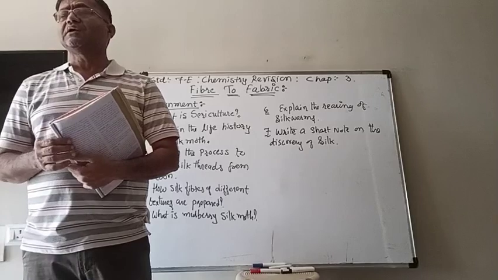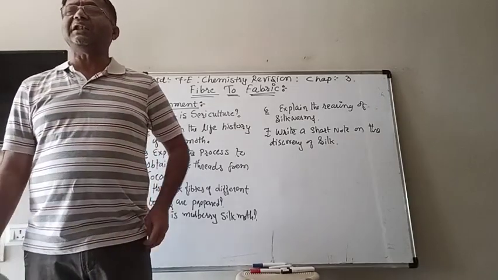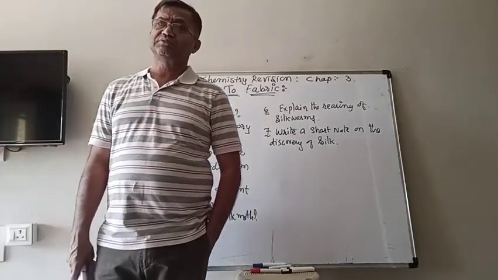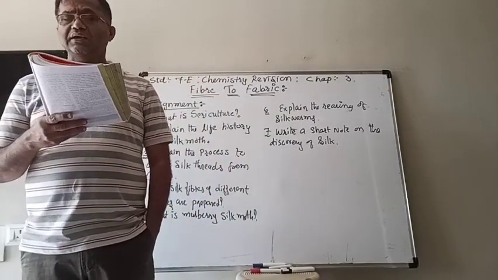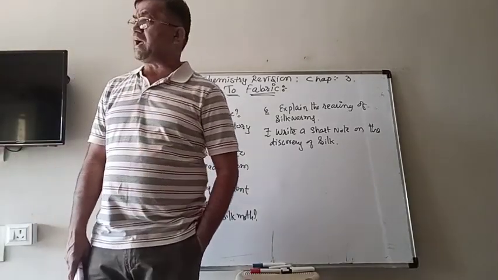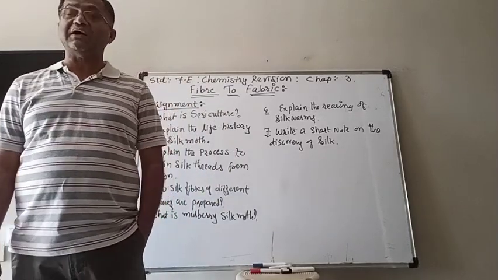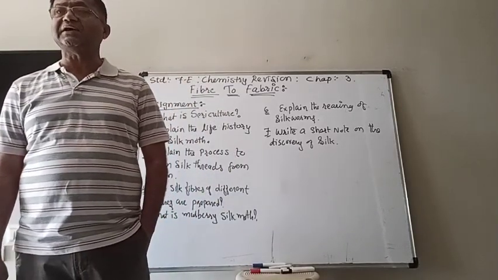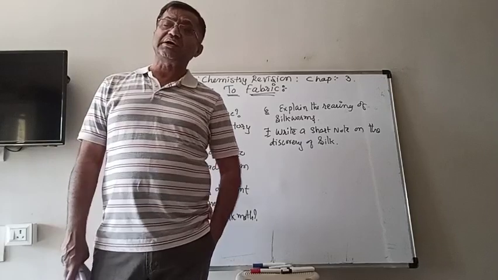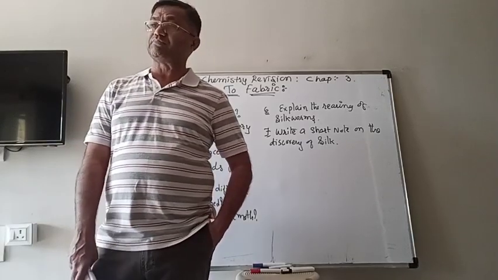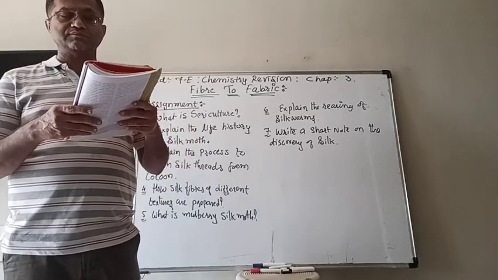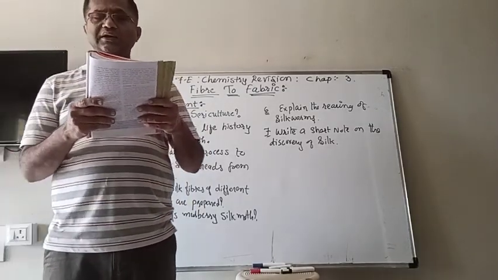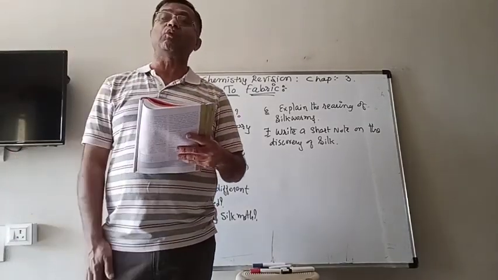Here the female moth lays so many eggs, and from the eggs hatch larvae. It means the silk moth does not come directly out of the eggs, but first a larva, like a caterpillar, which is called a caterpillar or silkworm.